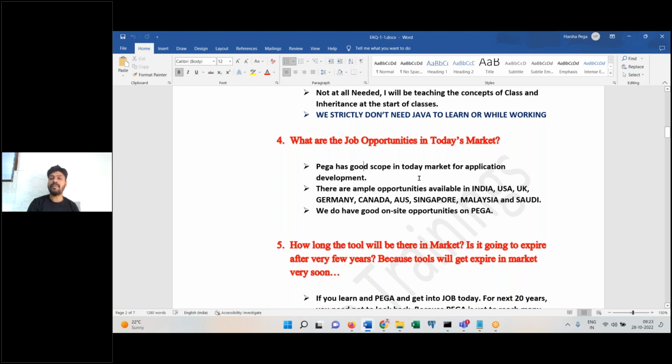And what are the job opportunities in today's market? Many people have this question. First thing is, all of you must be aware by this time that we are under recession. Everyone knows about it. Not India, especially the USA.